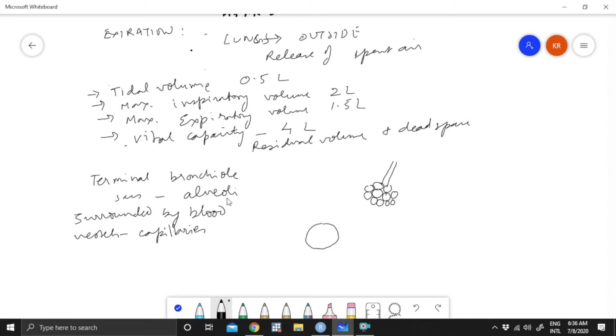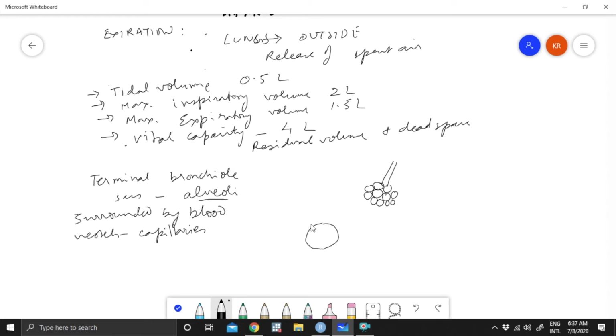If you recollect, in the introductory topic to lungs, we said that whenever there is exchange of air, that respiratory surface must be thin, it must be moist, it must be vascular, and it must be naked. And here the alveoli are performing all the functions because it is thin, highly vascular, naked, and of course allowing for exchange of gases at this point.